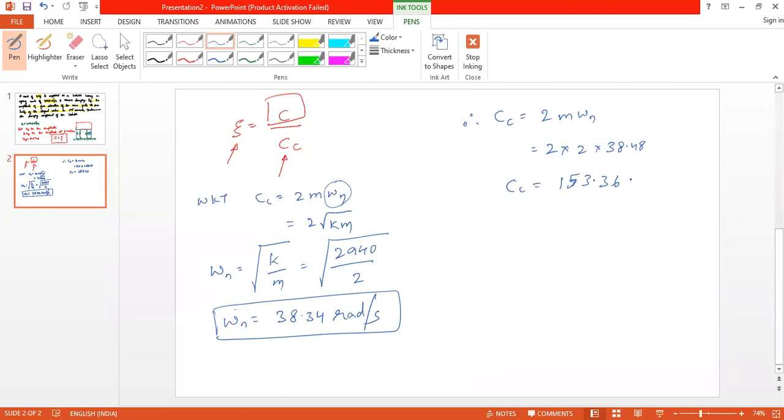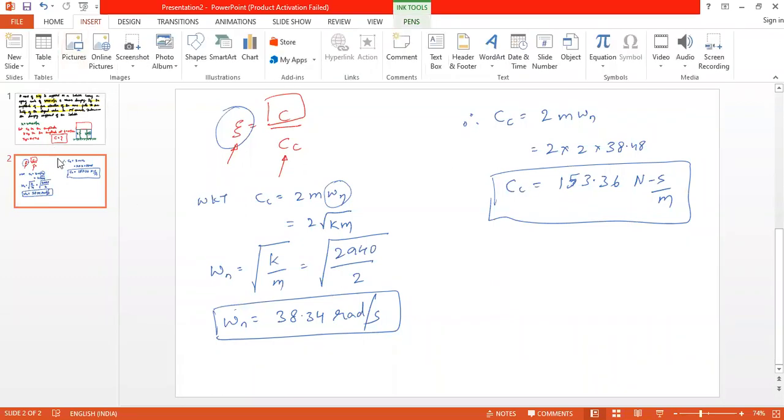Newton second per meter. We know the value of Cc, but we need the value of zeta now.